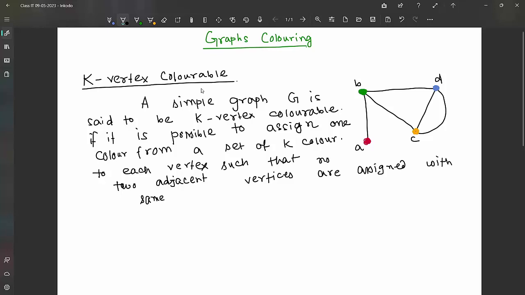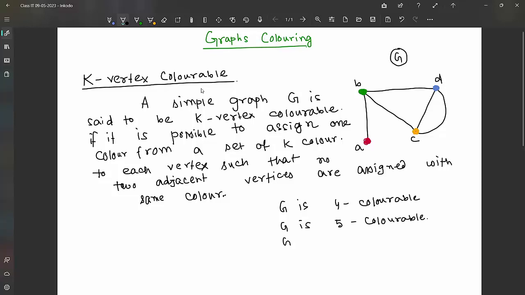So this is a graph which is 4 colorable, and also 3 colorable. If this graph is G, then you can see that G is 4 colorable, also 5 colorable, and also 3 colorable.